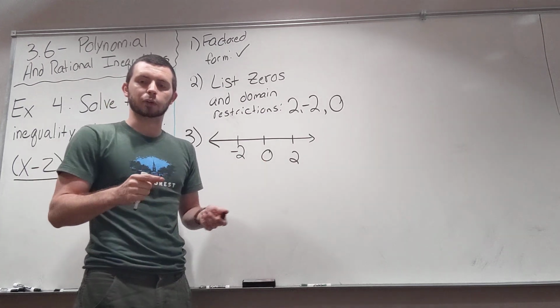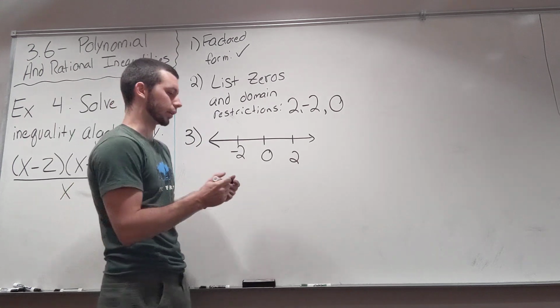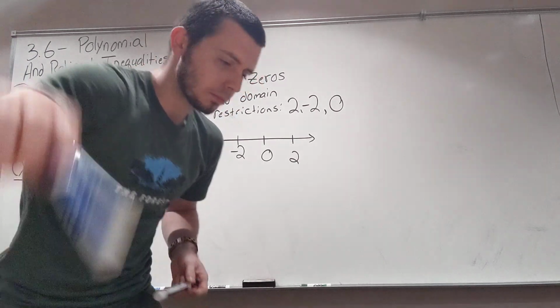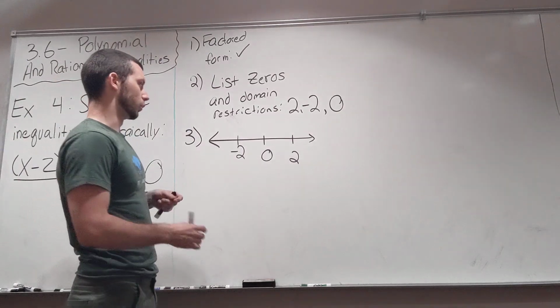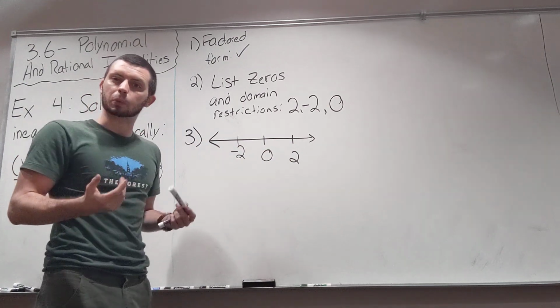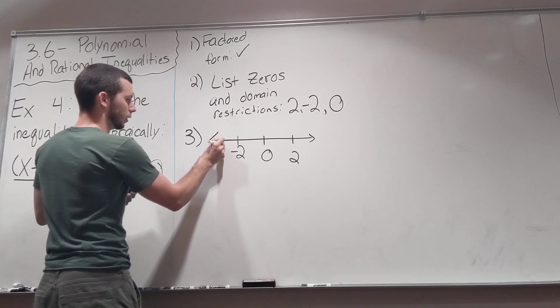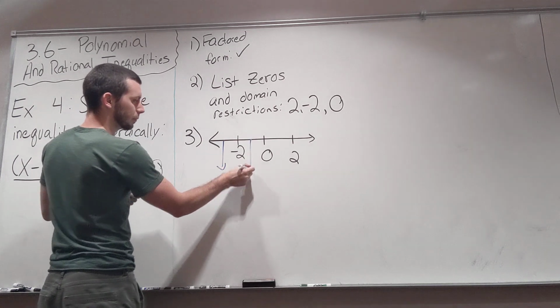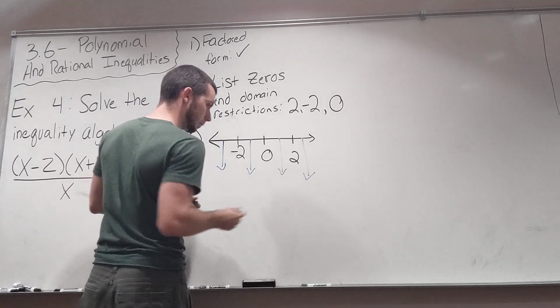In the next problem, I'll do it the other way, of just picking one test point and using the multiplicities. So from here, the number line has been split into 4 different regions, and we're going to pick a test point from each one of those regions or segments.